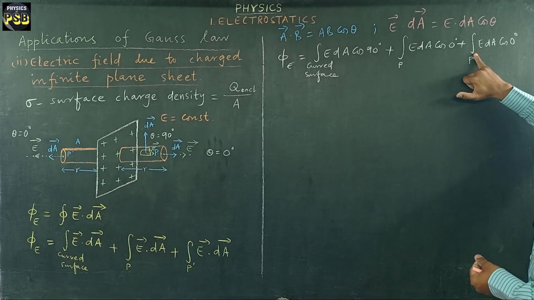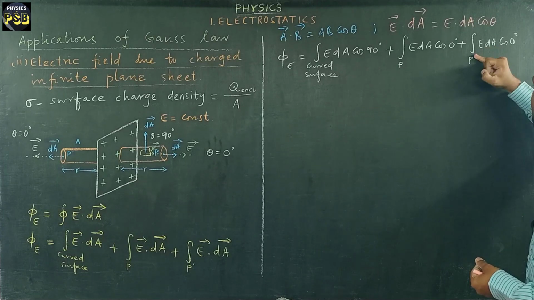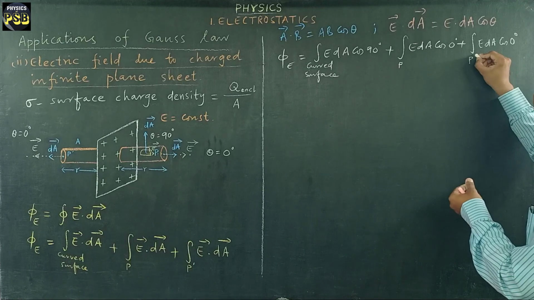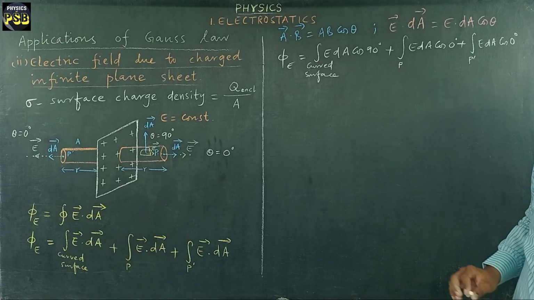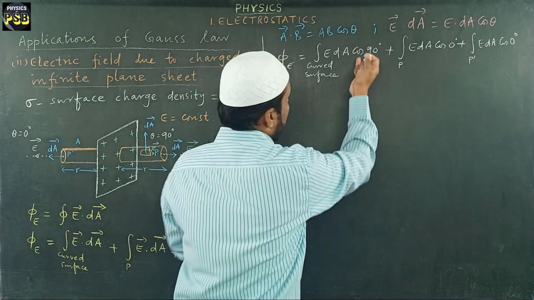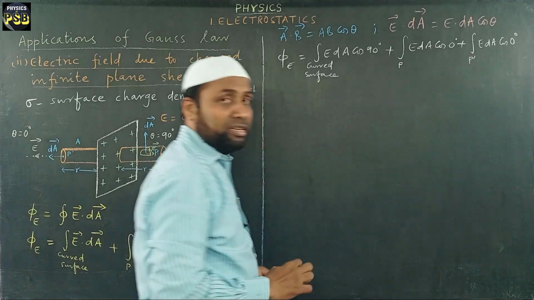What I have written here is nothing but P dash. Now I am going to substitute the values of cos 90 and cos 0.